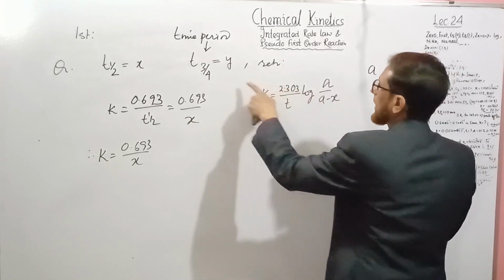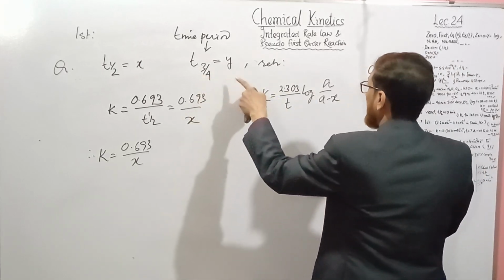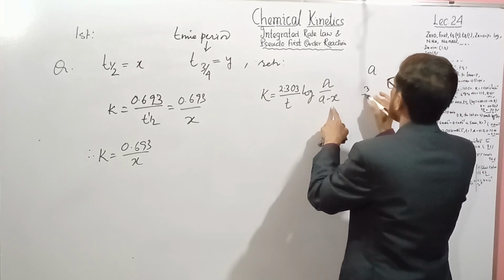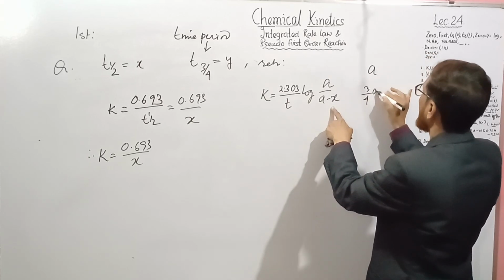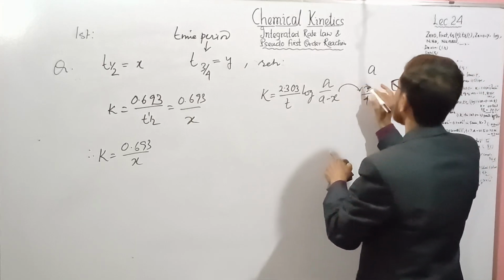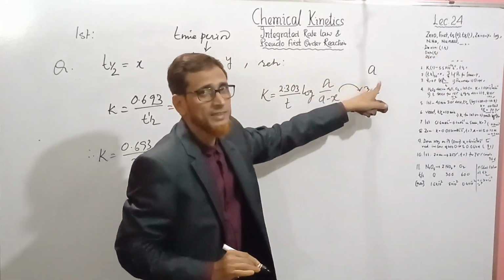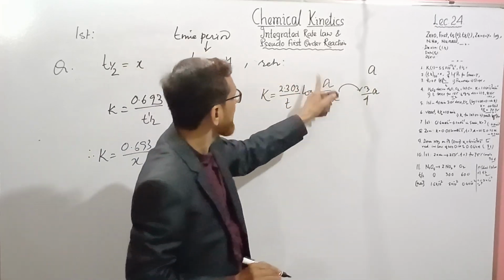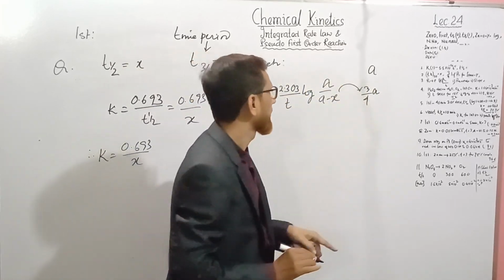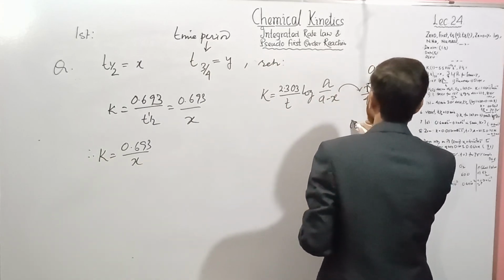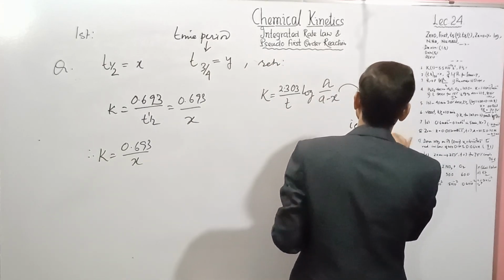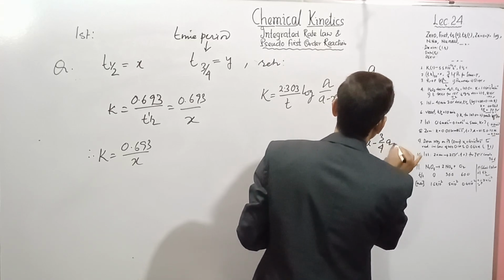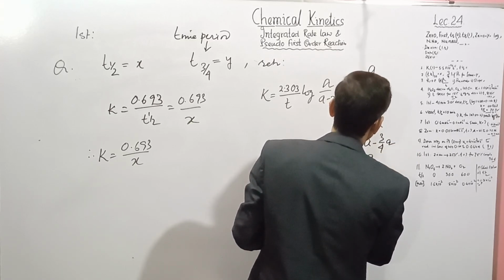What is x? x is 3/4 of the initial concentration, and 3/4 of the initial concentration has reacted. So A minus x is equal to A minus 3/4 A is equal to A by 4.